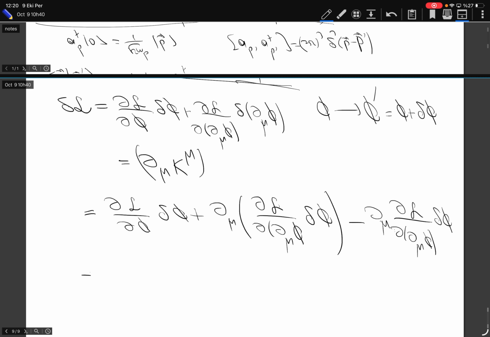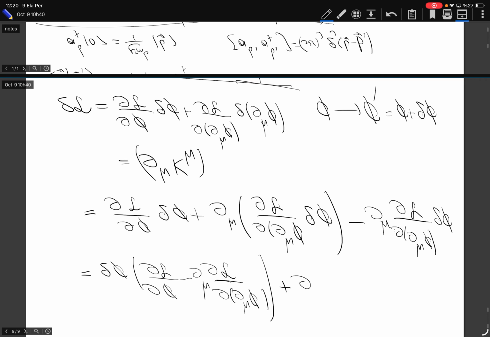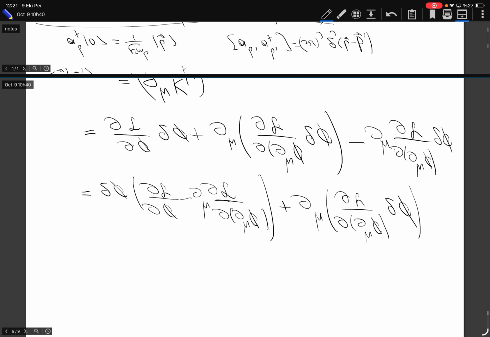But this is equal to delta phi, I just combine the first and the third terms, plus del mu of del L by del mu phi delta phi, but this is 0 by equations of motion.